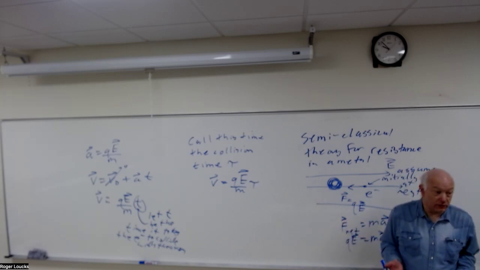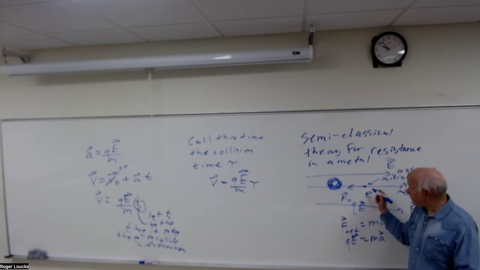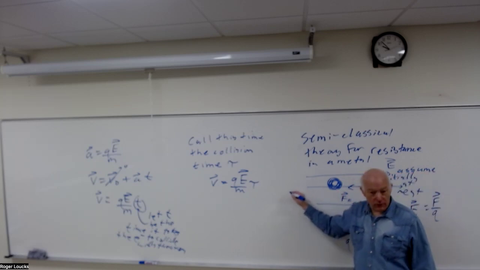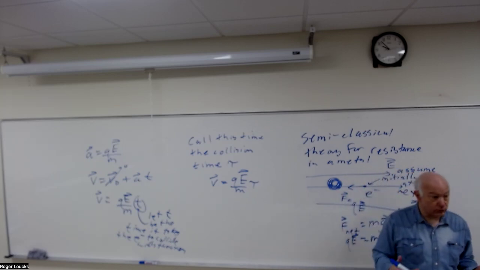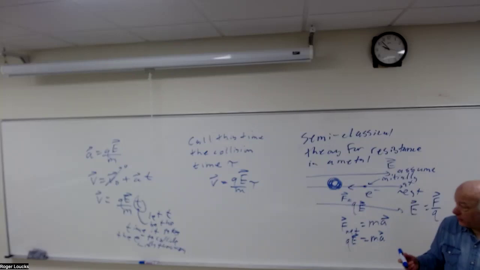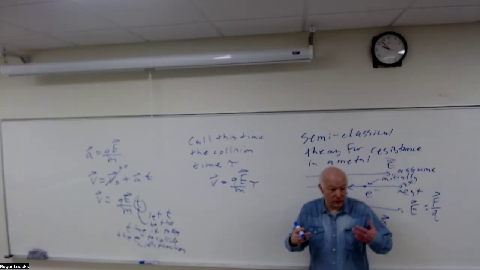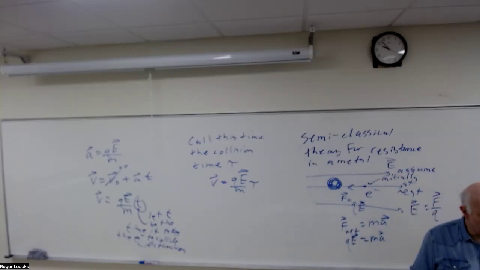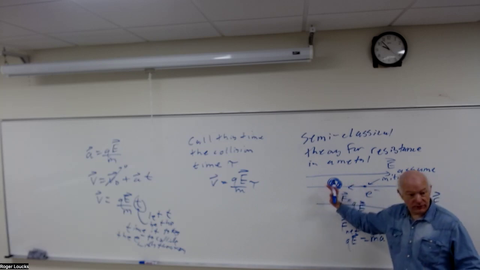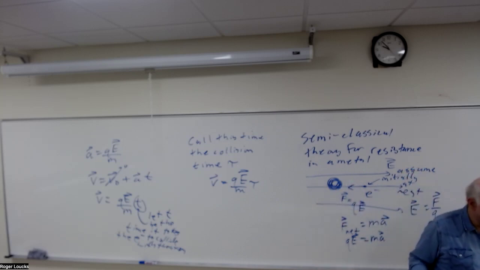That's actually going to make it conduct slower. So if this thing is going really, really slow for a long time before it smashes, that's going to conduct really well. So this collision time, if it's large, is conducting well. Because if it's really, really short, it's smashing into all these things here, and it's not conducting well at all.